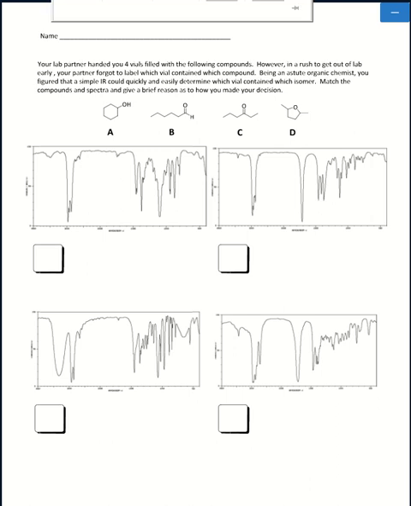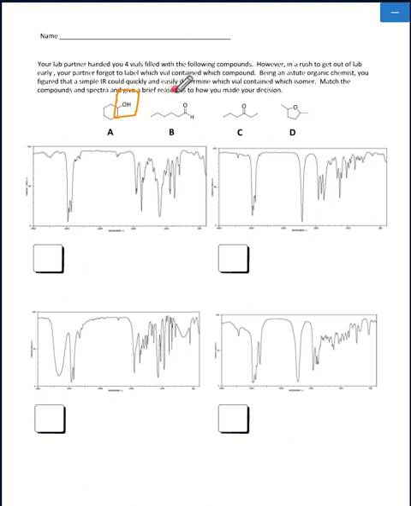When it comes to IR, let's just start with determining what kind of functional groups are present in our molecules. Molecule A stands out because it has an OH alcohol group, something that would show up as an O-H bond stretch. IR looks at the stretches of the bonds that are present.